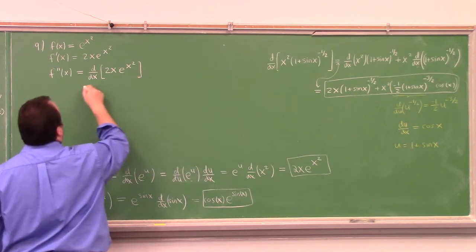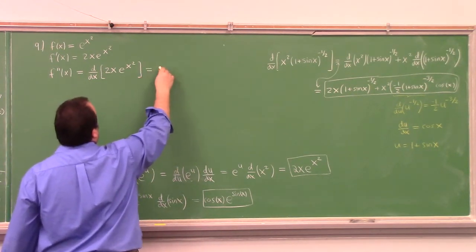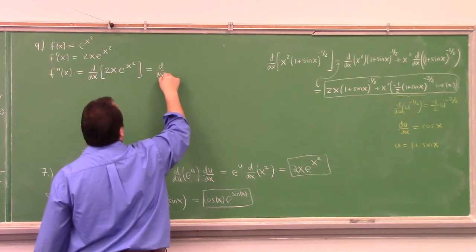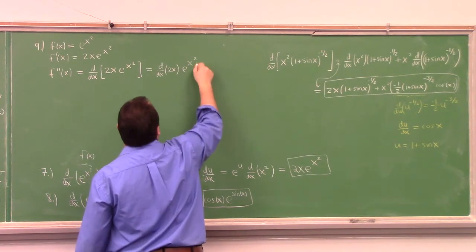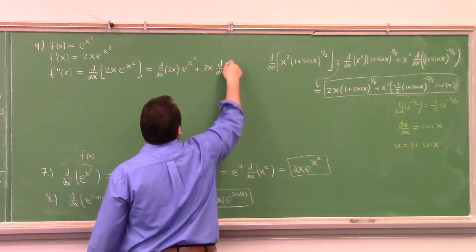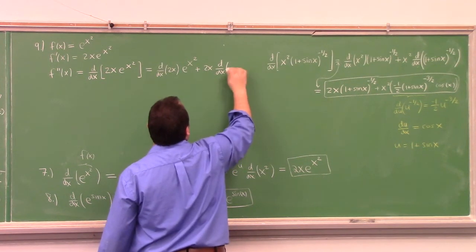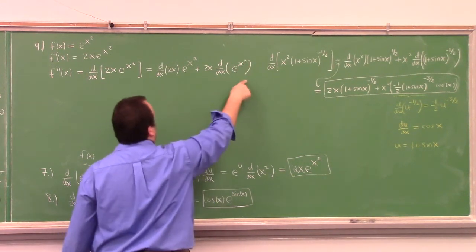So this is, I'll write up here, d dx of 2x e to the x squared plus 2x d dx of x squared. Of course, we just worked out the derivative of x squared already, right? So we know what that works out to.